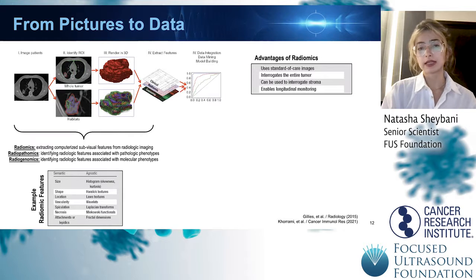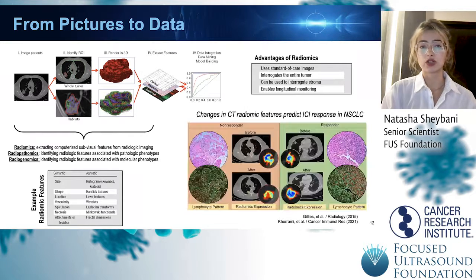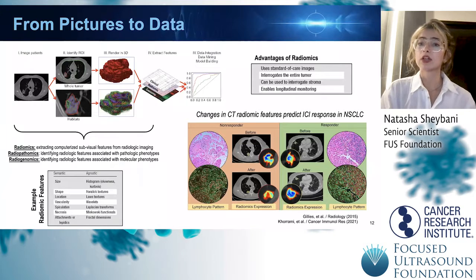An example of a study using radiomics is shown here, where this group demonstrated that CT radiomic patterns could predict response to immune checkpoint blockade with traditional anti-PD-1 and anti-PD-L1 therapies in the setting of non-small cell lung cancer.